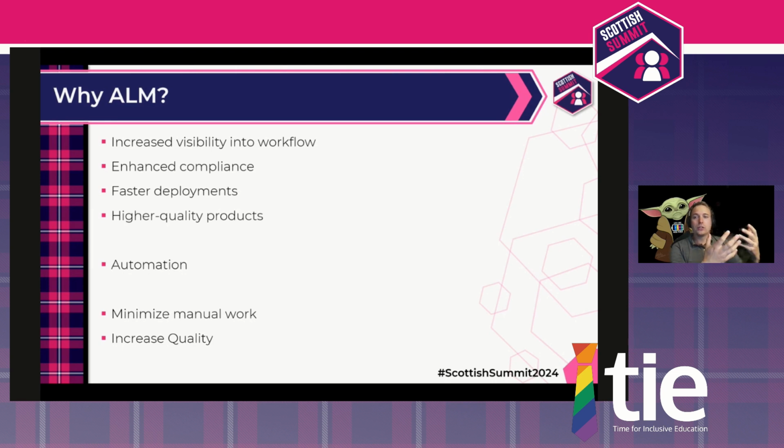And then you increase the quality of your product. That's mostly because if you automate stuff and have a pipeline set up, it will do all the steps in the same order every time you run the pipeline. If you do it manually, it could be that you miss some parts, or someone is doing it in a slightly different way than another person.